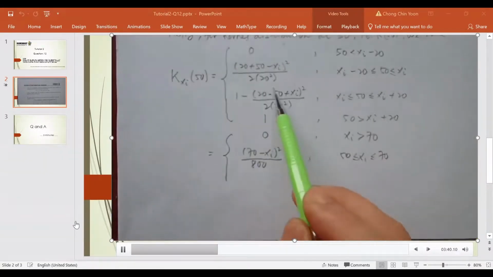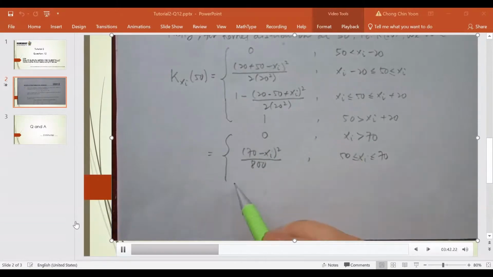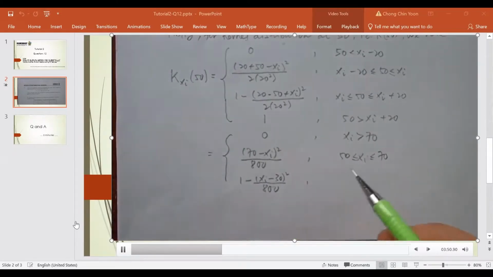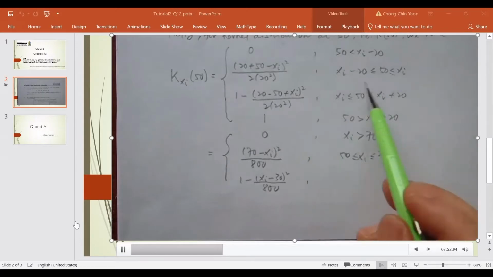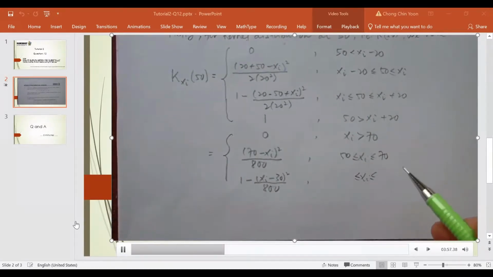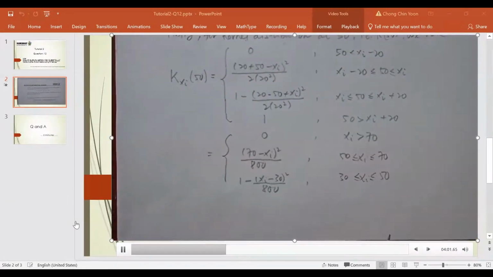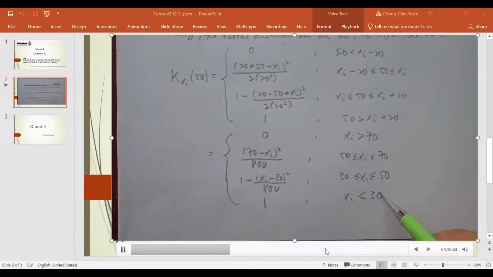The third result here gives 1 minus xi minus 30 squared divided by 800 at the interval where xi is bounded from 30 to 50. And last, the K value is 1 where xi is less than 30.